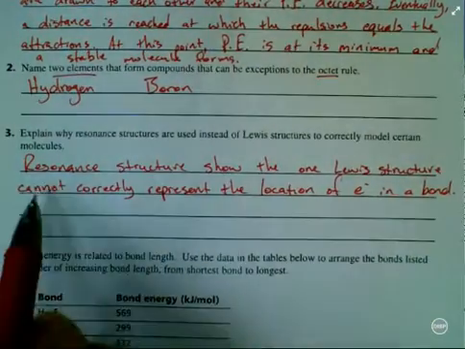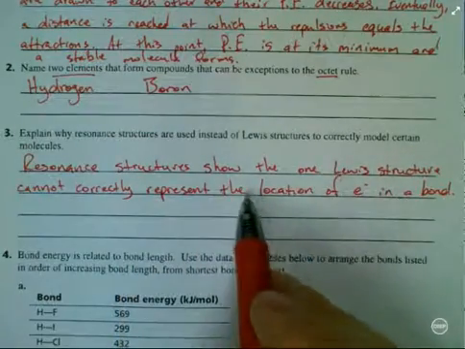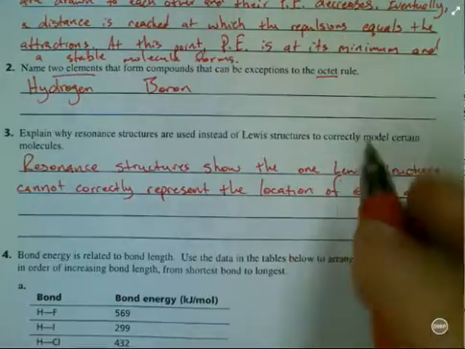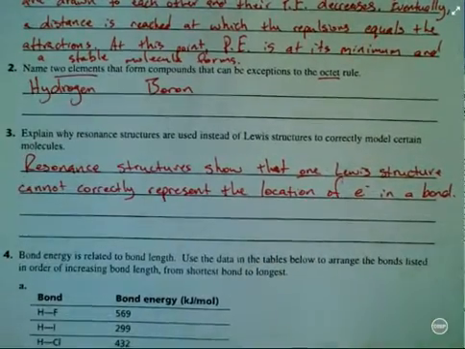Now pay attention to what we're saying here. Resonance structures show that one Lewis structure cannot correctly represent it.